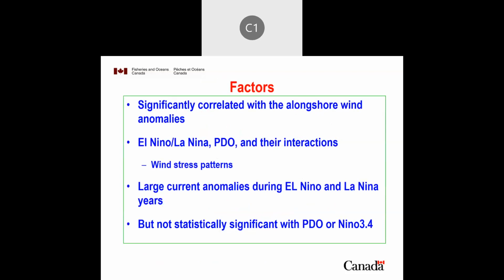When we examine the current anomaly patterns, we found some strong anomalies during El Nino or La Nina years. However, we did not see significant correlation between altimeter-derived currents and PDO, or between altimeter-derived currents and NINO 3.4.